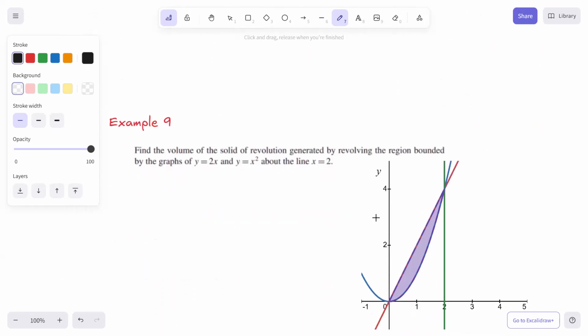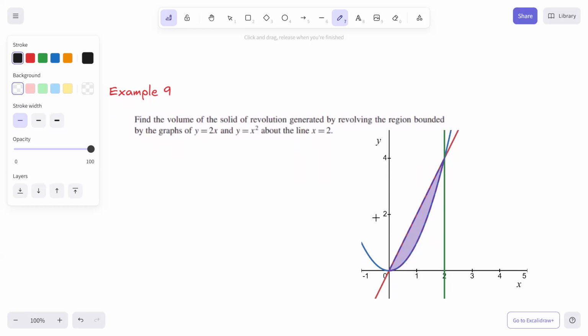Okay, I got one more for you. It's going to be that same region, but this time we're revolving about the line x equals 2, which is a vertical axis of revolution. So our slice is going to be horizontal, which means our thickness would be delta y or dy. So we need to have everything in terms of y.